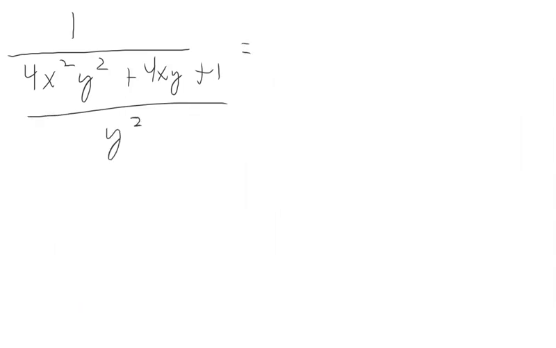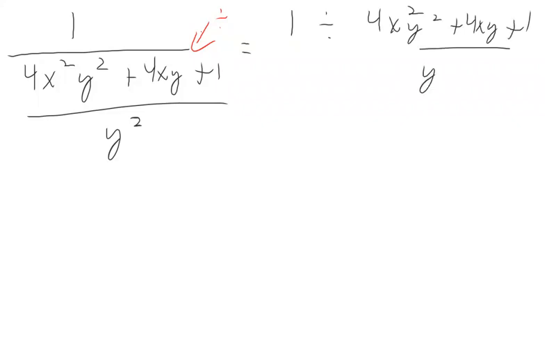Well, another way I can write this is treat this first one here as a division sign. So this becomes 1 divided by 4x squared y squared plus 4xy plus 1 all over y squared.